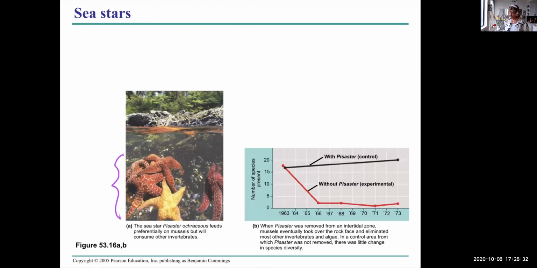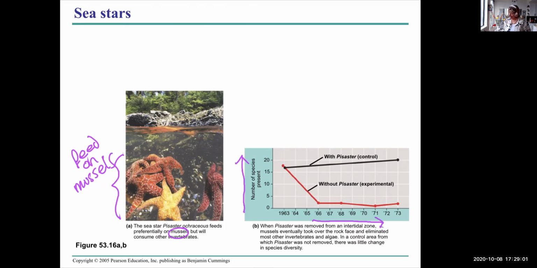Sea stars feed preferentially on mussels. They will consume other invertebrates, but mussels are their favorite food. So here is an example of an exclusion experiment. The number of species present is on the y-axis, and this is time.